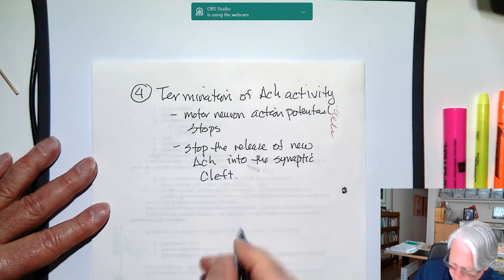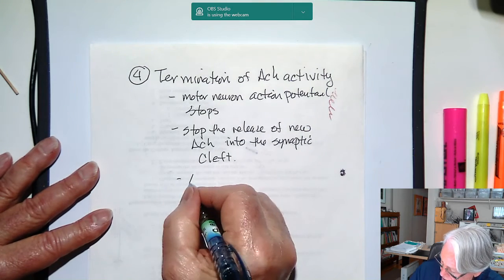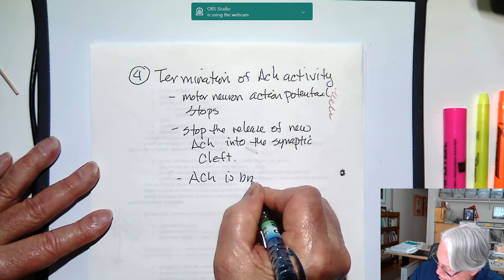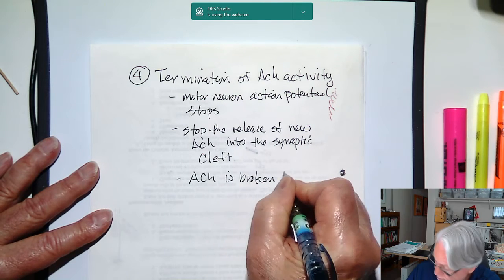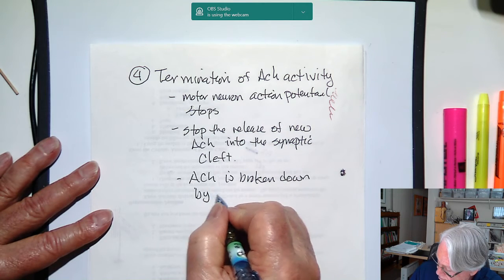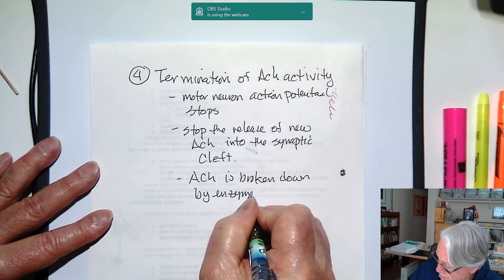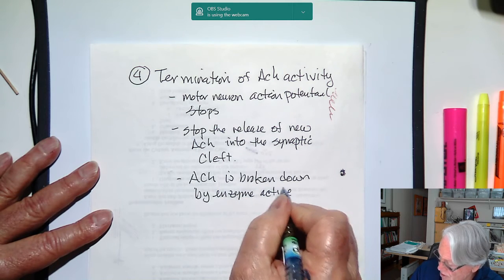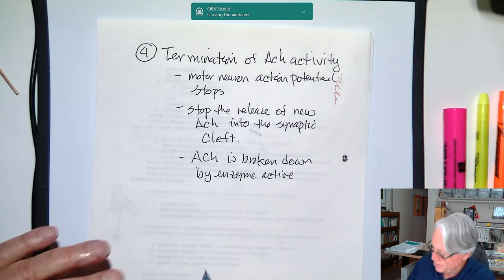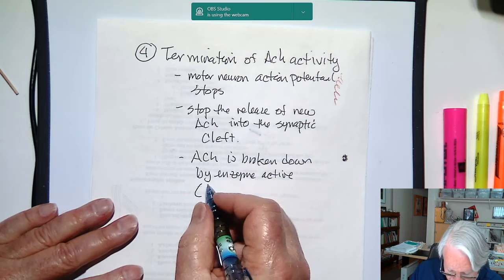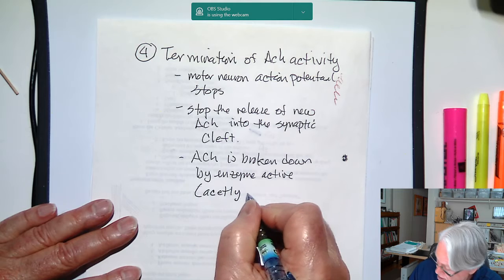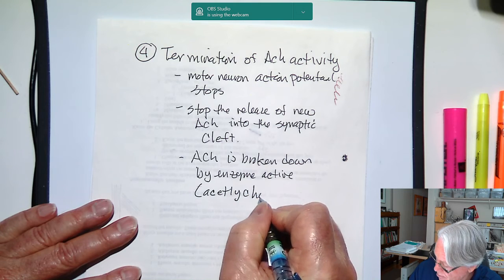Okay. Acetylcholine is broken down by enzyme activity. So the acetylcholine that's already there is removed because it's broken down by an enzyme. And wait for it, this is the name of the enzyme. Acetylcholine esterase.